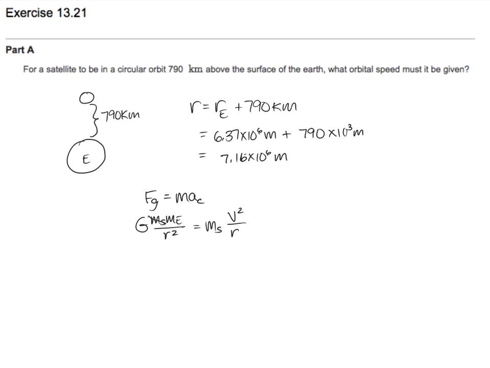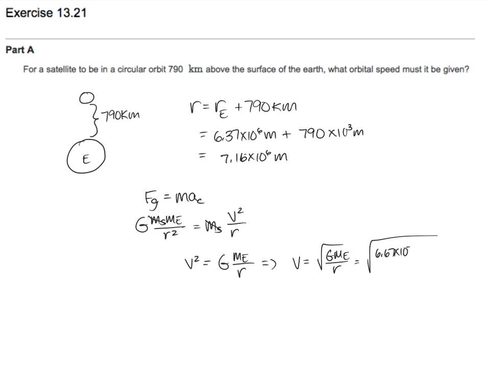Notice it doesn't even matter how big the satellite is, and so we're going to solve for v squared, and it's G, mass of the Earth, over r, and v will just be the square root of that, G mass of the Earth over r.